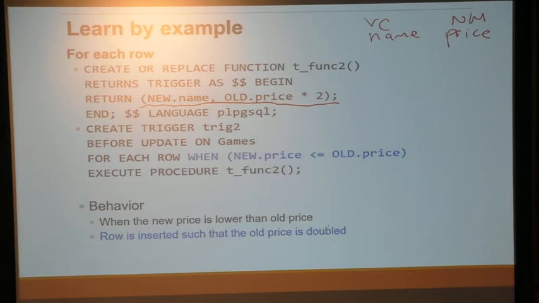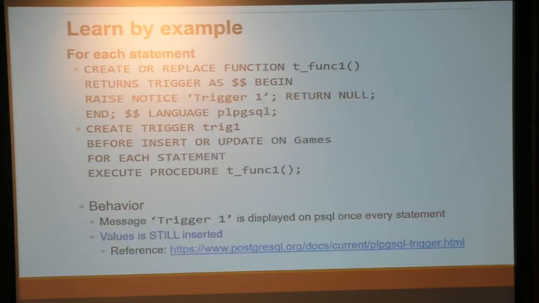Now, the last one is that so far we have only talked about for each row. What happens for each statement? This is where things get very, very weird. Because for some weird reason, even if you return null, it's going to be inserted. The return is not going to affect whatever you insert.